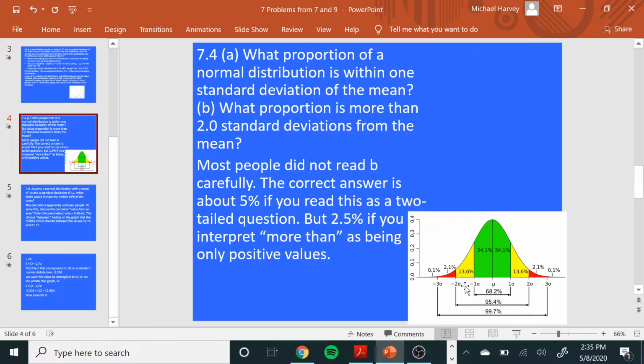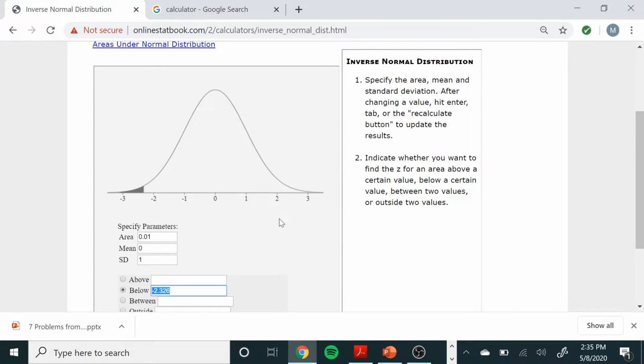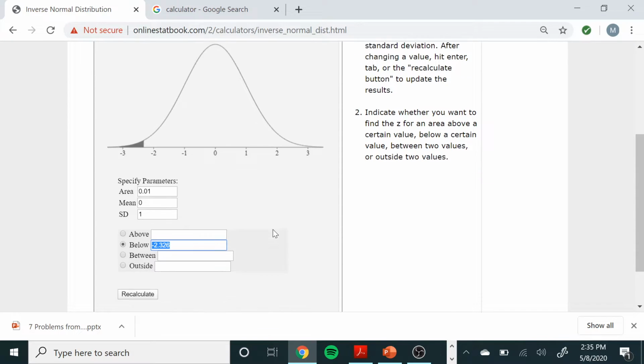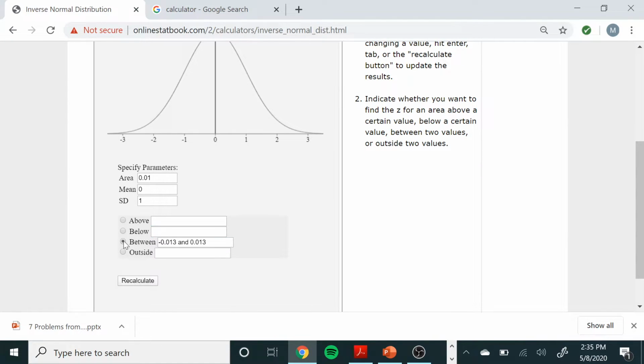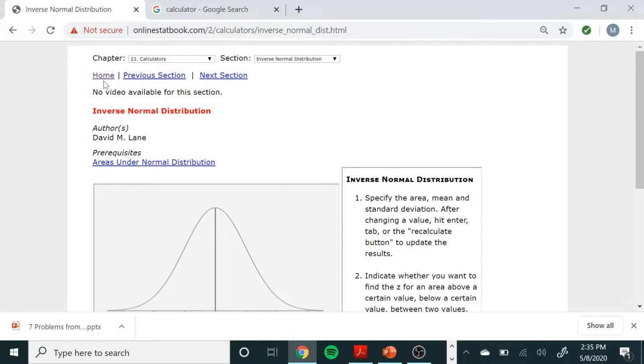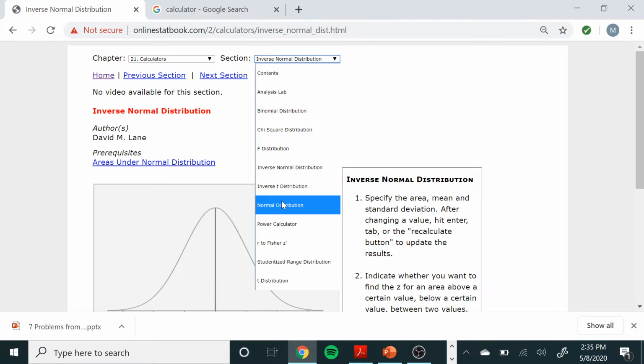Let's take a look at how we would solve these problems. Within 1 standard deviation, what we want is the area between -1 and 1. So we would put between, and then we would need to enter, oh, I'm sorry, this is the wrong calculator. We need the normal distribution calculator to find this.